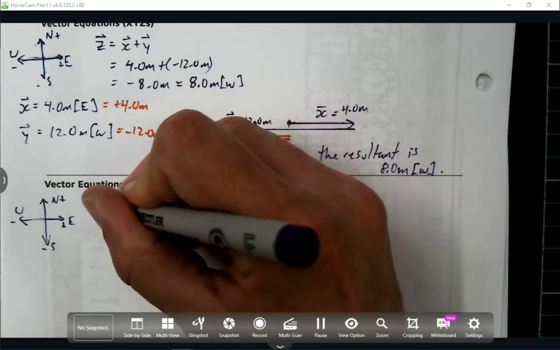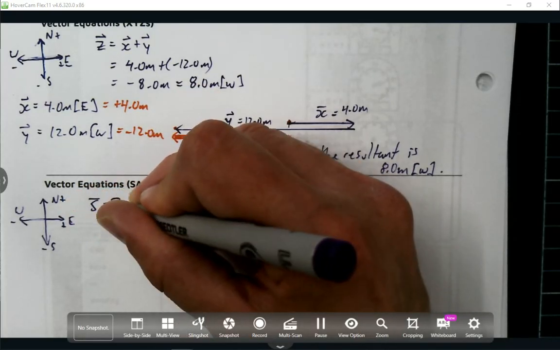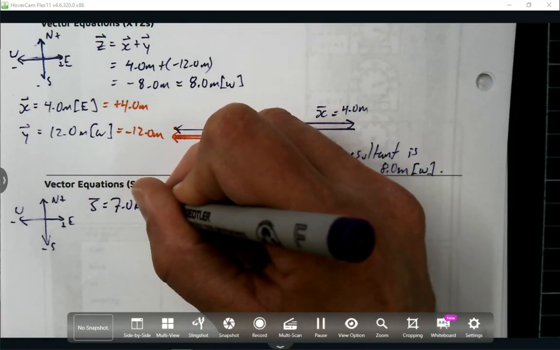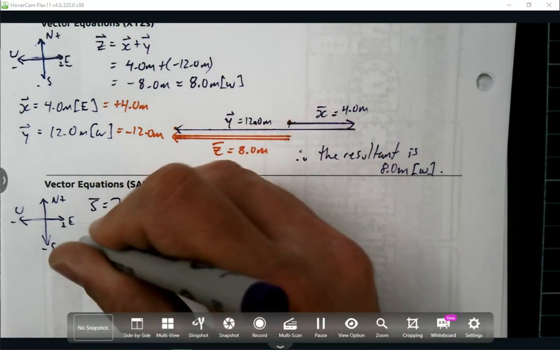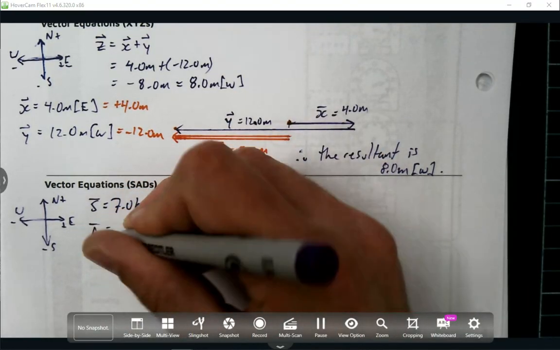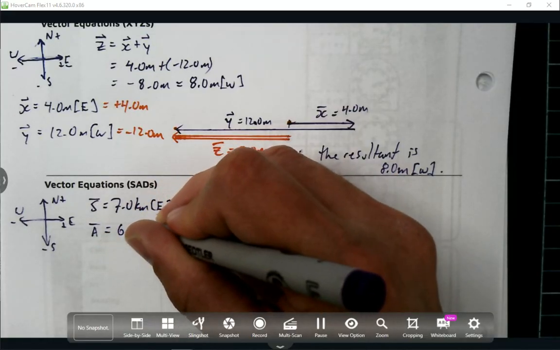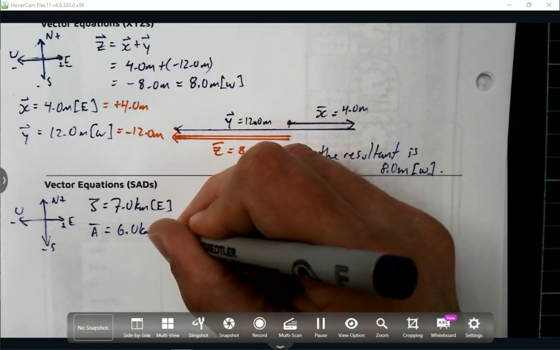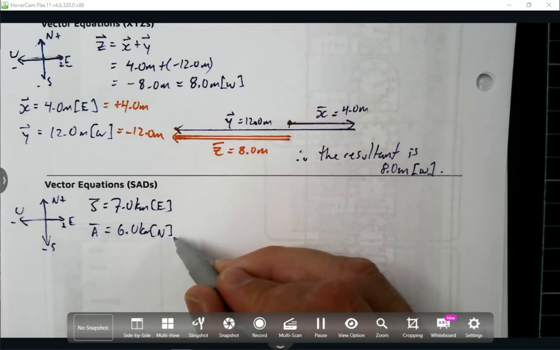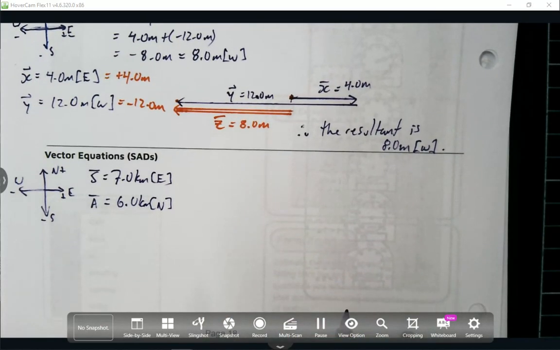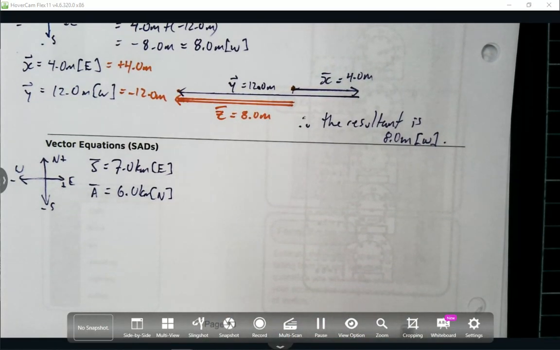So vector S is going to be 7.0 kilometers to the east. Vector A is going to be 6.0 kilometers to the north. Keep in mind that east and north are at right angles to each other, so this is definitely two-dimensional now. It's not one-dimensional or collinear, some people will say.